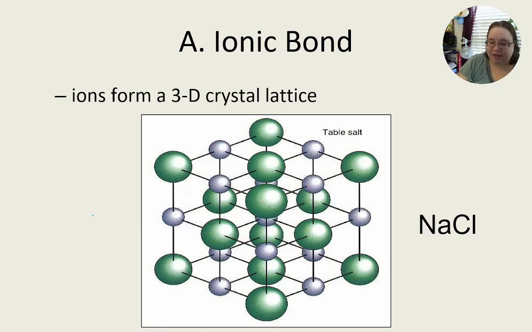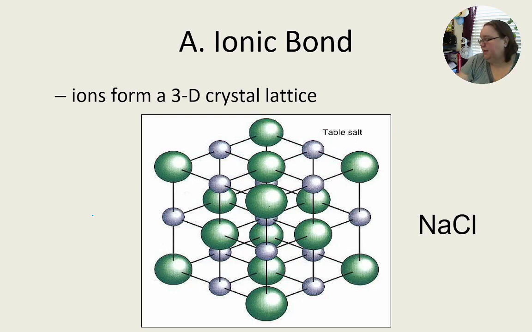Now, when ionic bonds form, they come together and form these really pretty 3D structures called a crystal lattice. Every compound has its own unique structure, but they actually form some really interesting shapes and crystals. Because of the strong attractions, our ionic compounds tend to be solids at room temperature.